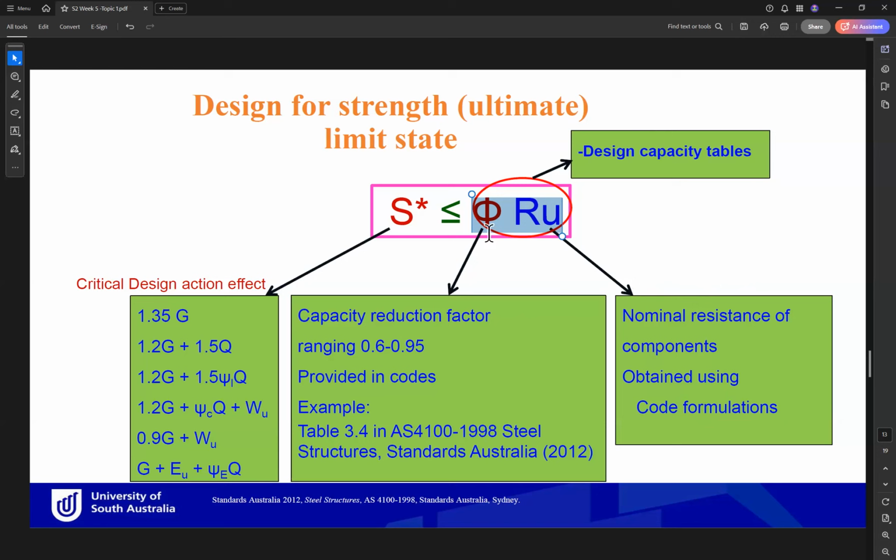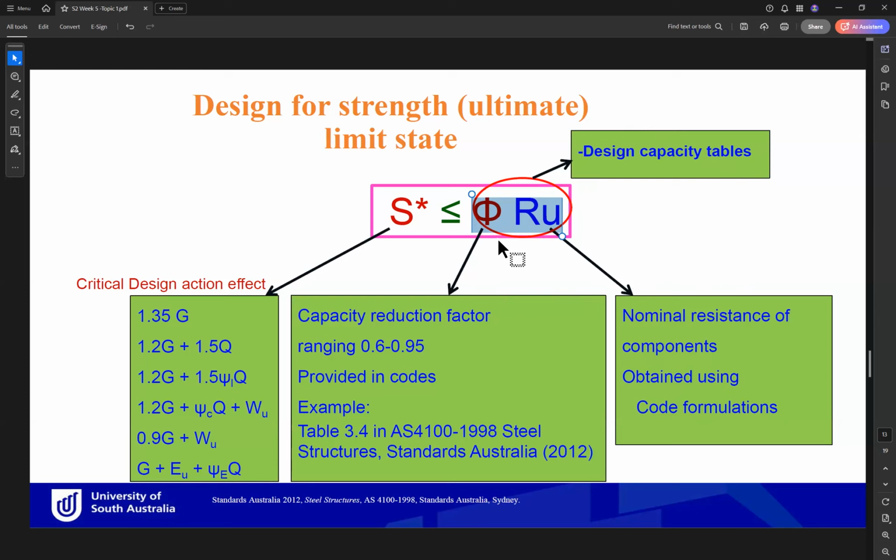Phi and these values can also be found in the design capacity tables of the cross sections, which can be found in the available resources of the course. Phi is just a reduction factor to build in some safety factor in the design.